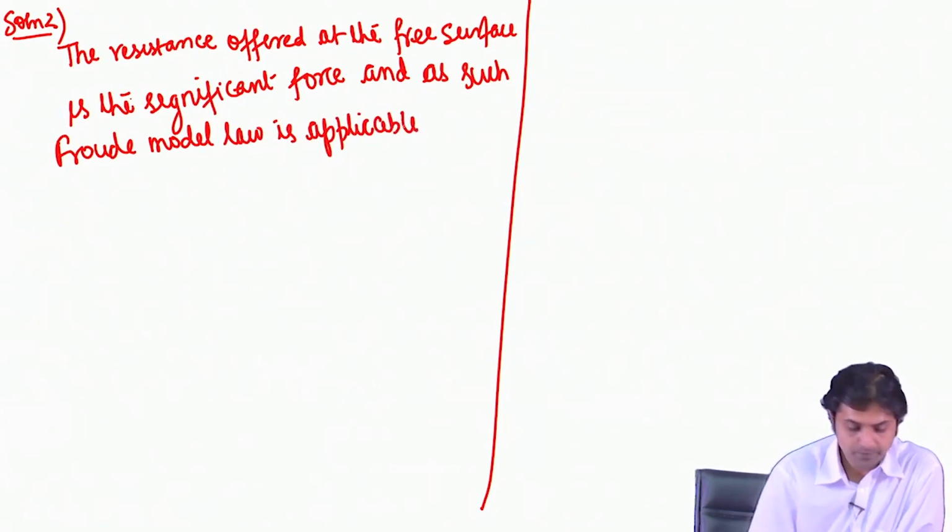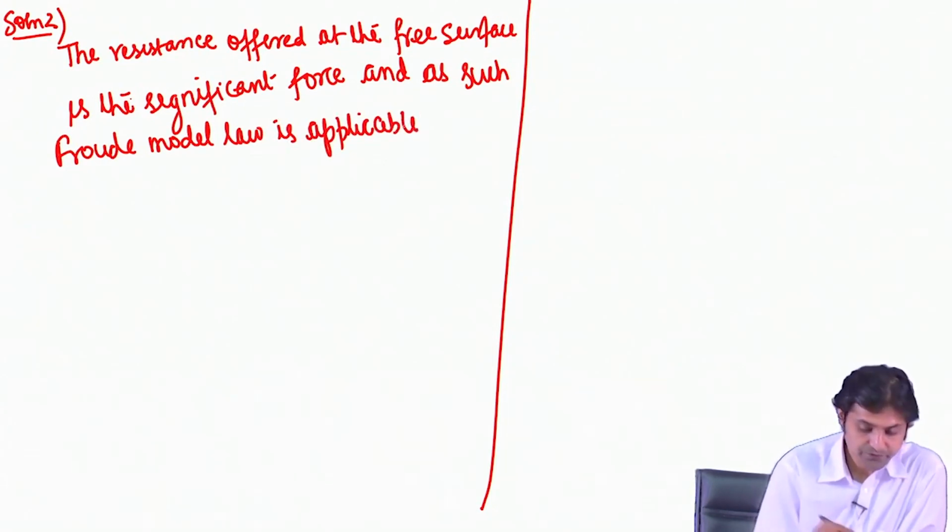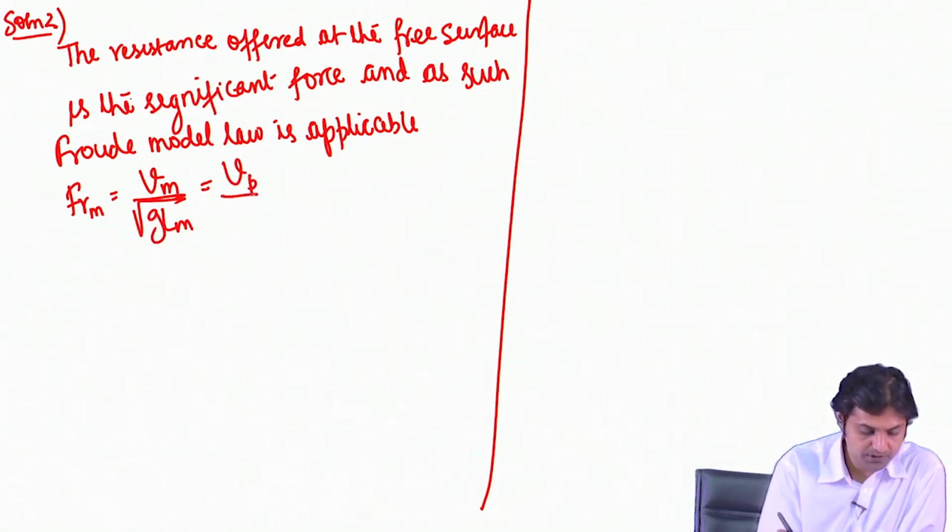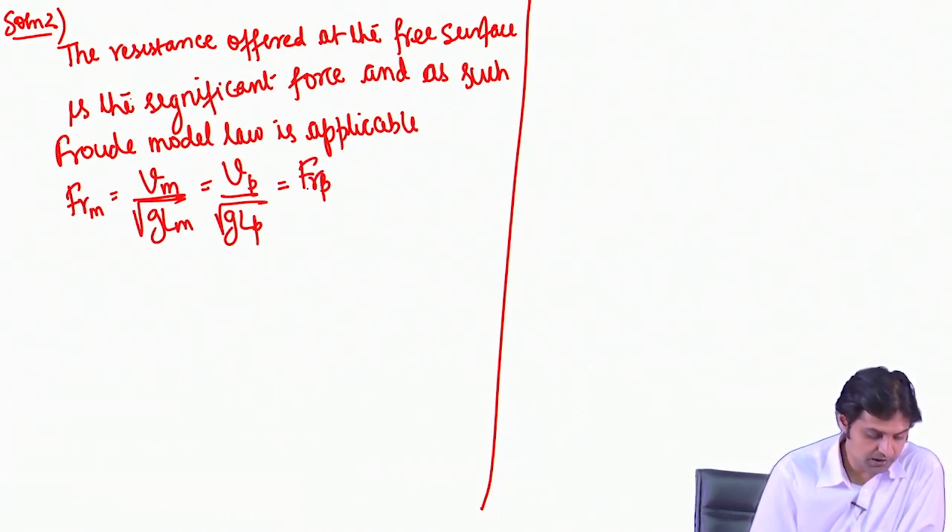Okay, correct. So, Froude model law Fr m is Vm by under root g Lm is equal to Vp by under root g Lp, which is equal to Froude number in prototype. Okay.